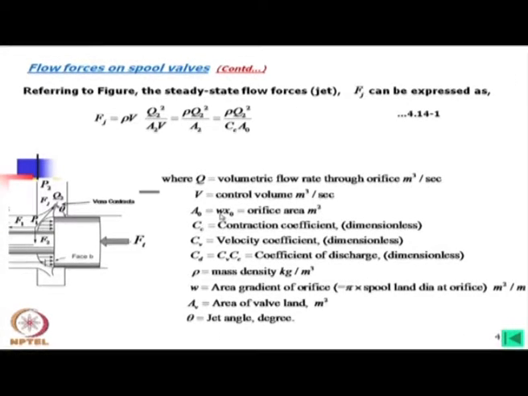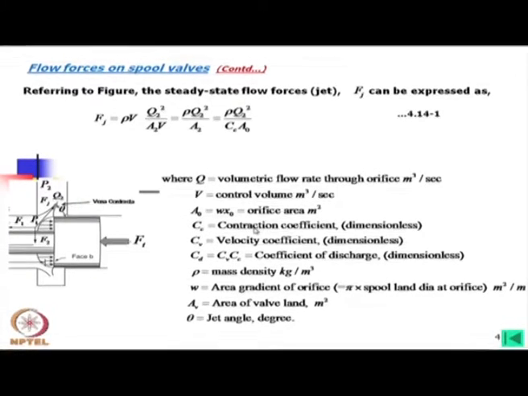Now, here W is the area gradient, that is pi d, and x 0 is the motion. This is in general terms, where we have actually given x v as the motion. This is the general area.